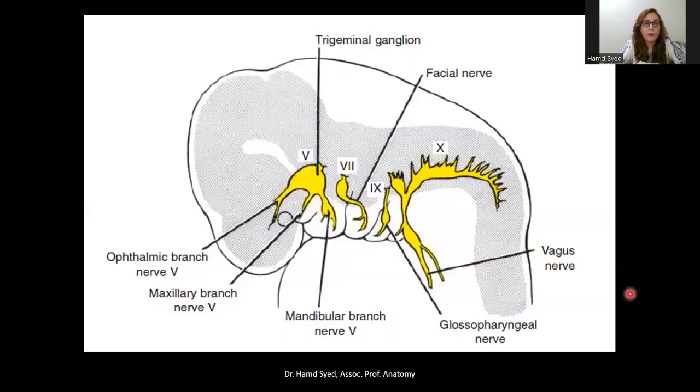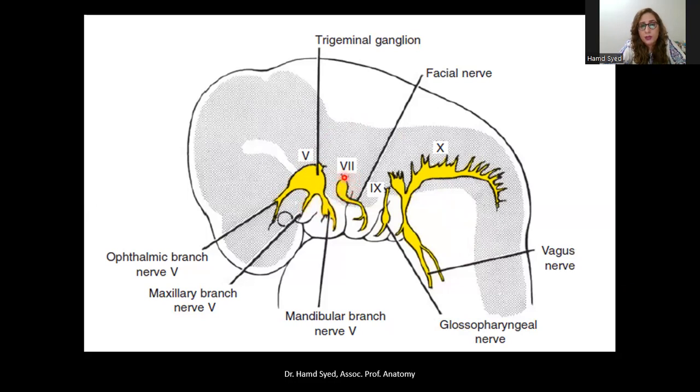So here is another simple schematic diagram which is showing us the cranial sensory ganglia, which are supplying the pharyngeal arches. Here I'm pointing towards the 5th, that is the trigeminal cranial sensory ganglion. And you know it's got 3 branches, which are ophthalmic, maxillary, and mandibular. The maxillary and mandibular branches of the trigeminal ganglion are supplying the first pharyngeal arch.